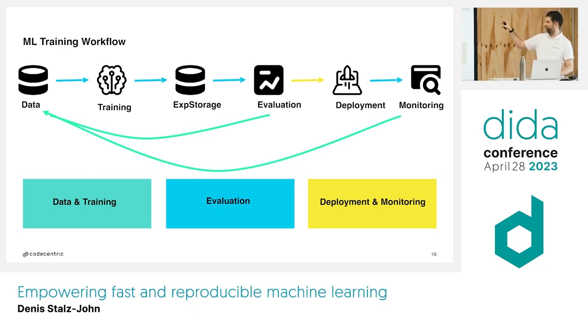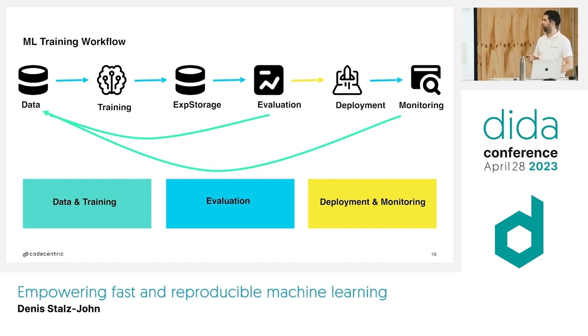We have a cycle, so if you do an evaluation, you start at the data again, either change the data or leave it, and at each step you can change something so you get better in the output of the model. And when the model performs well enough, you can deploy it at the customer and then start the monitoring. And the information from the monitoring is going back into the cycle again.